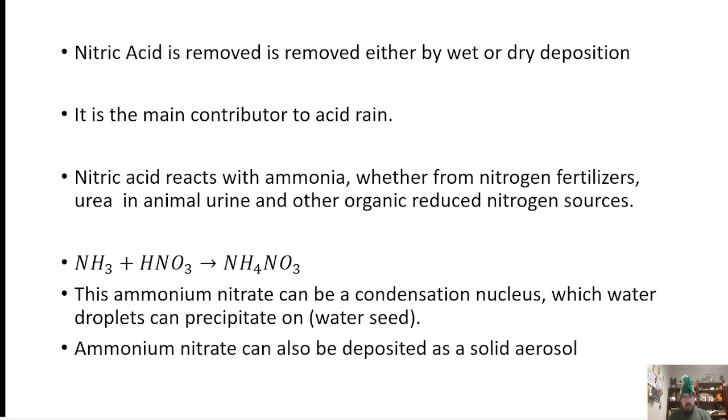Precipitation occurs. So this ammonium nitrate, if it's not rained out, can also be deposited as a solid aerosol, a solid dust particle that can just land when there's not enough wind and breeze to keep it in the atmosphere.